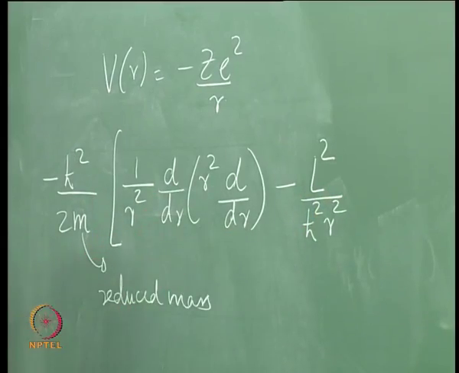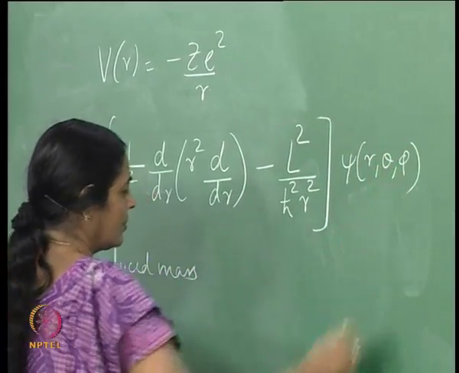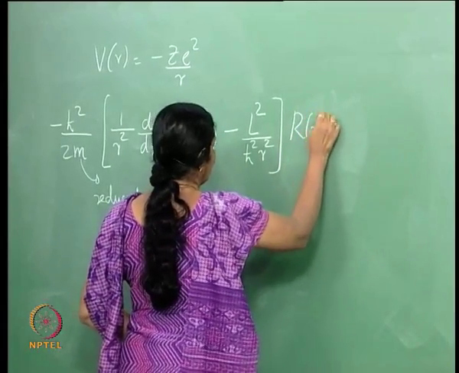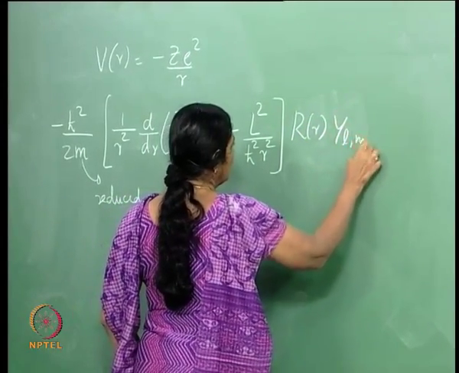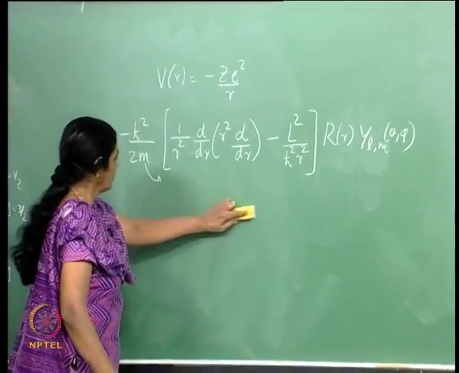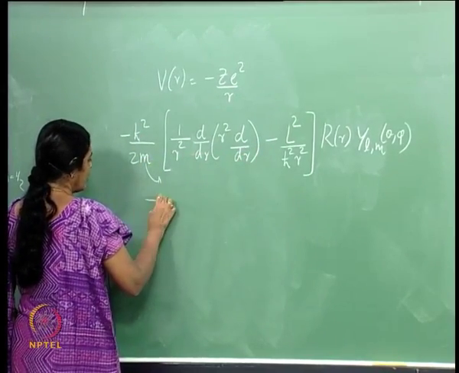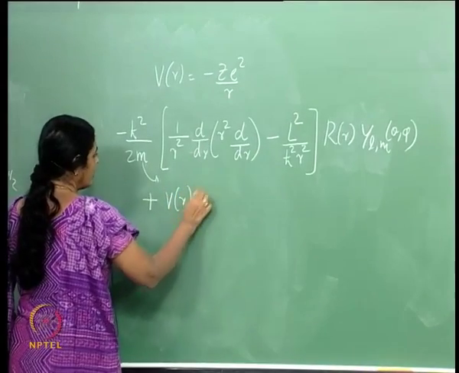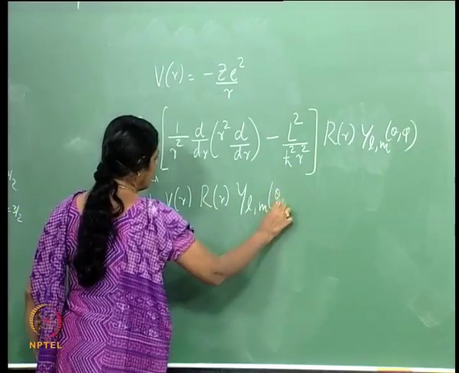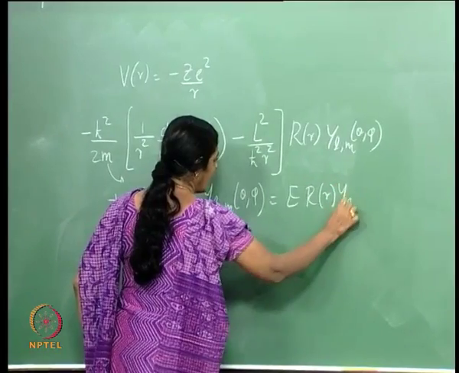This is del squared, acting on psi of r theta phi, which I can write as R of r Y_Lm of theta phi, so we have minus h cross squared by 2m del squared plus V of r, acting on R of r Y_Lm of theta phi, equals E R of r Y_Lm of theta phi.